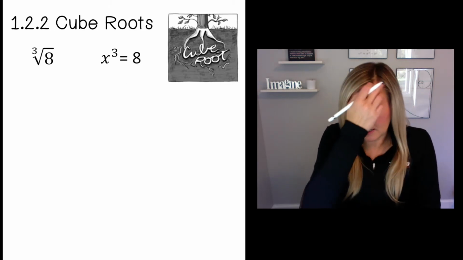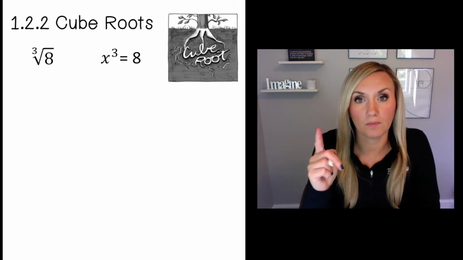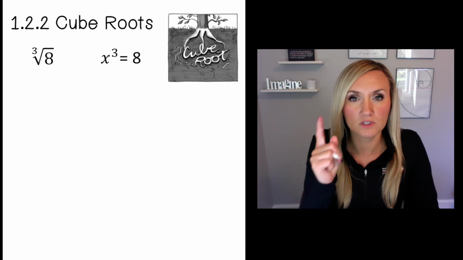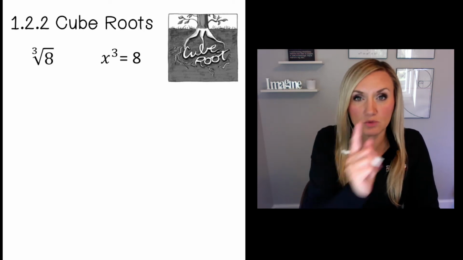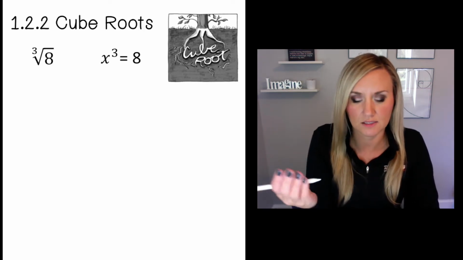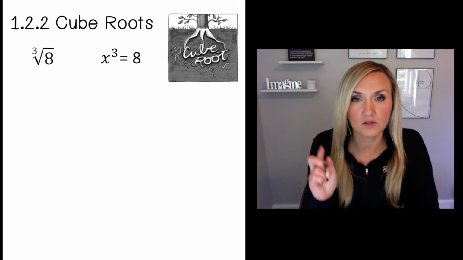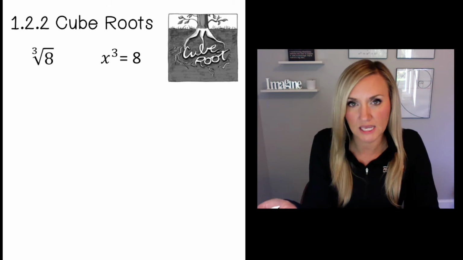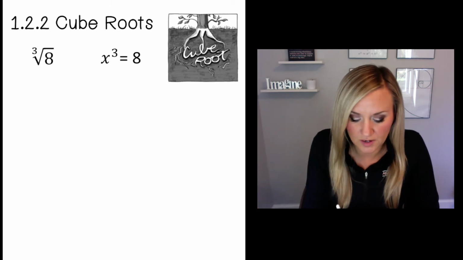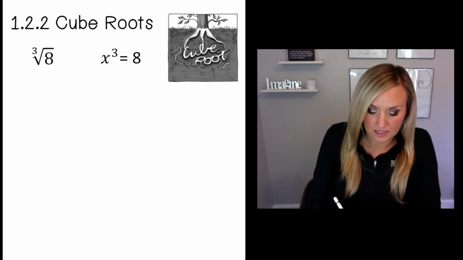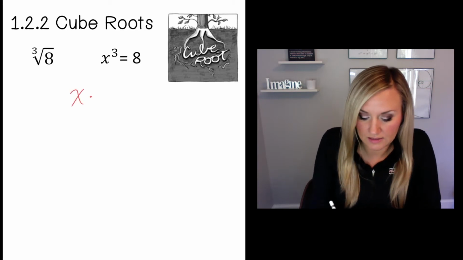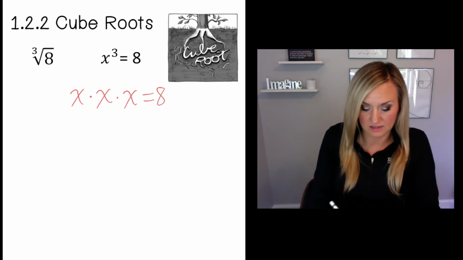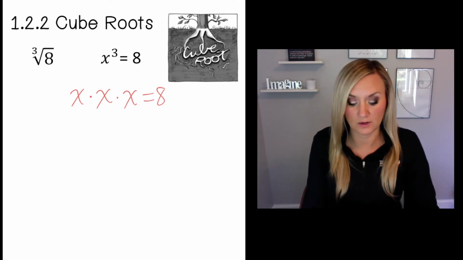Basically what it's saying is we need a number that we multiply by itself 3 times and it gives us 8. So x cubed equals 8. We're looking for a number that if we do x times x times x, it gives us 8.